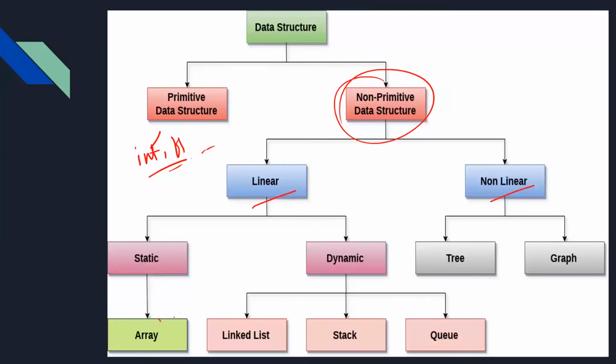Linear means array, linked list, stack, and queue, which grow linearly, one by one. And non-linear are those in which the relationship between two values is not one by one, but different. They are called tree and graph.